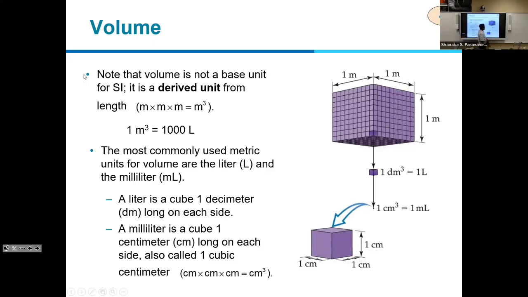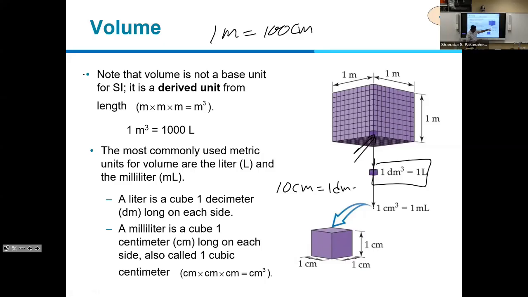One side is 1 meter, and 1 meter is equal to 100 centimeters. One of these medium sized cubes has sides of 10 centimeters, and 10 centimeters is exactly equal to 1 decimeter. So we have a small cube, a medium sized cube, and thousands of those in that large cube. So 1 cubic decimeter is equal to 1 liter.